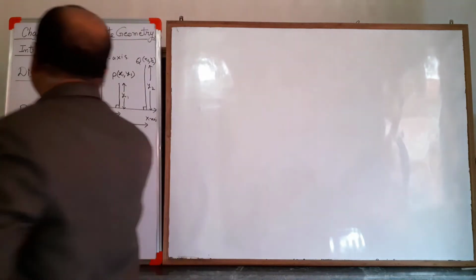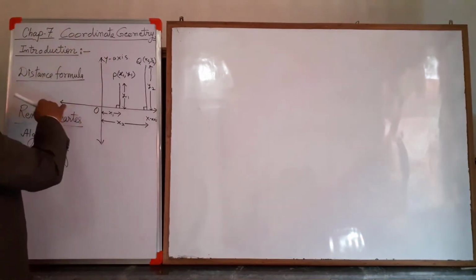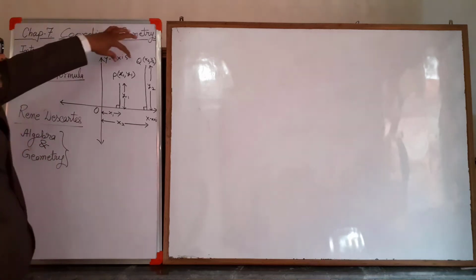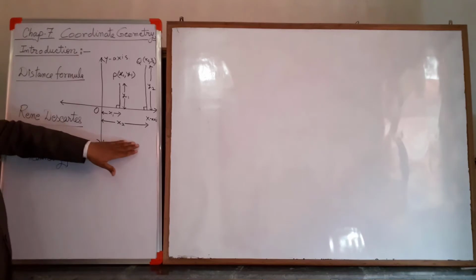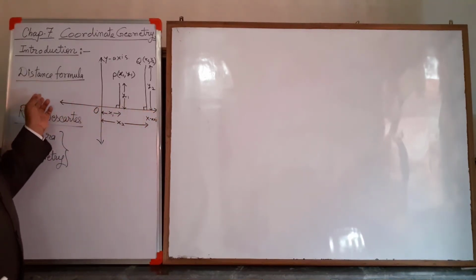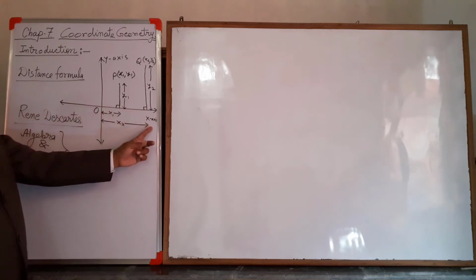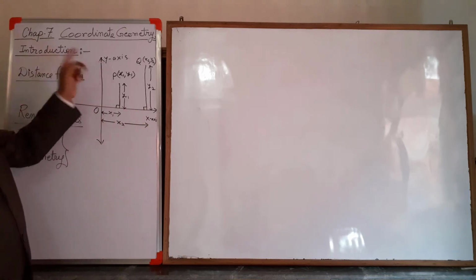He divided the Euclidean plane into four parts. This one is called first quadrant, second quadrant, third quadrant and fourth quadrant. He divided with the two lines. One is horizontal line called x-axis and vertical line called y-axis.